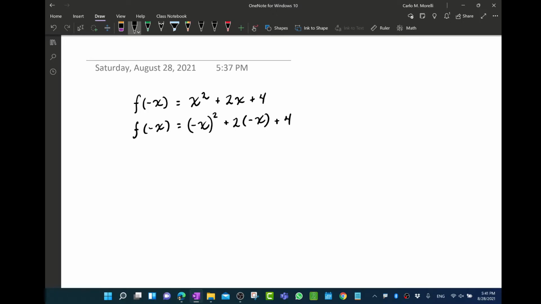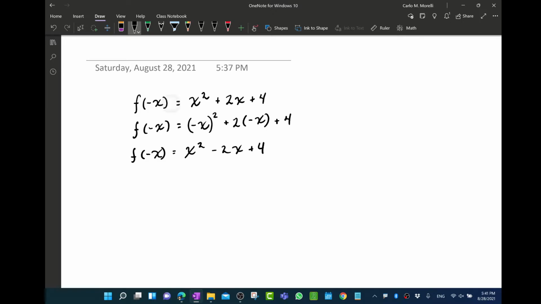Okay, so now we're going to simplify this out. F of negative x equals, now anything squared is positive, so negative x squared is just x squared. And now we have 2 times negative x, which is minus 2x, and then plus 4.